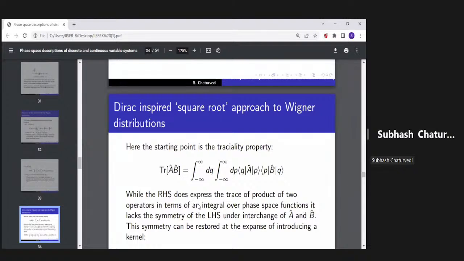I will now outline another approach which we have developed, which I refer to as the Dirac-inspired square root approach to Wigner distributions, which, as you will see, comes in very handy in the context of discrete phase spaces.